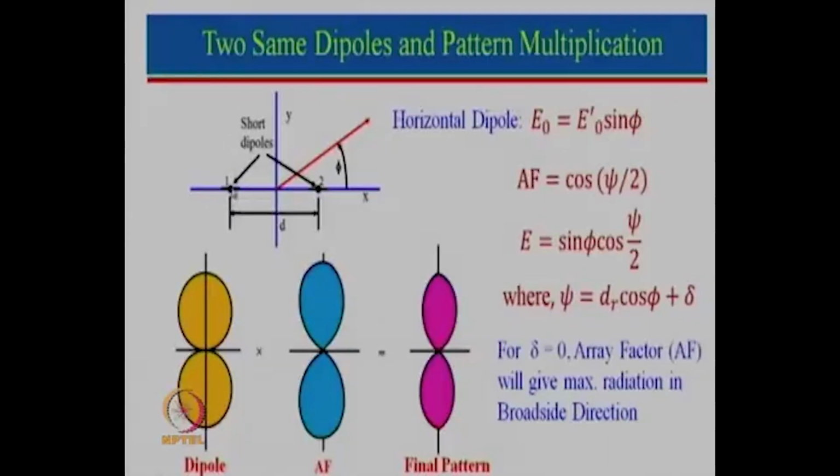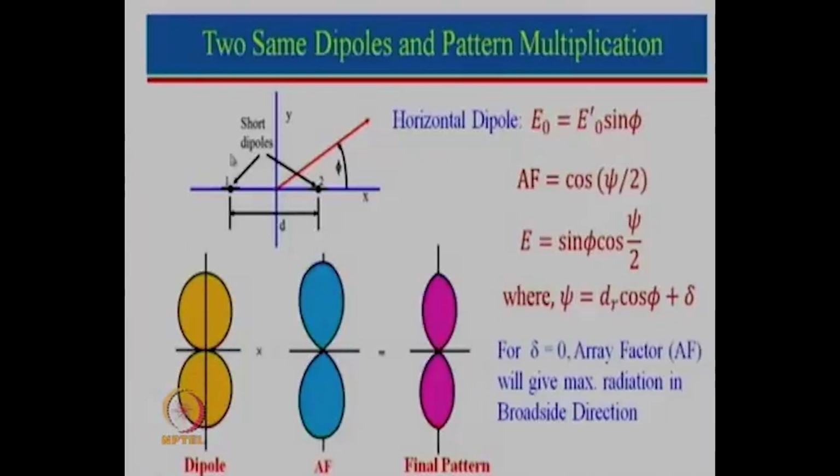Recall what I mentioned when we were talking about a dipole antenna. If you see a dipole from the front side, you will see the maximum intensity, and as you move from the maximum towards the tip, you will see the minimum radiation. But in this case, the dipole is not vertical, it is horizontal.